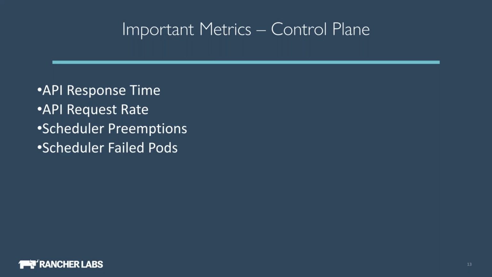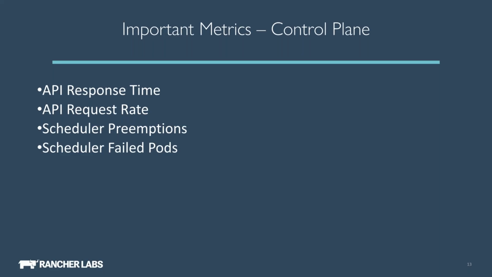In Kubernetes, preemption is when you start actually weighting which workloads get priority. A scheduler preemption is where the scheduler says, you know what, I'm out of resources and I'm going to move you. You need to go away so that my higher priority pod can be scheduled here within the cluster. So you start seeing the preemption count go up. Ideally, you would have 0 failed pods, 0 preemptions, and predictable response and request rates on your API to know you had a healthy control plane.